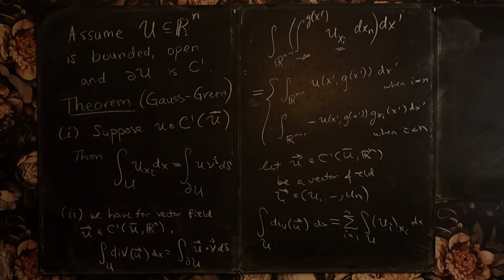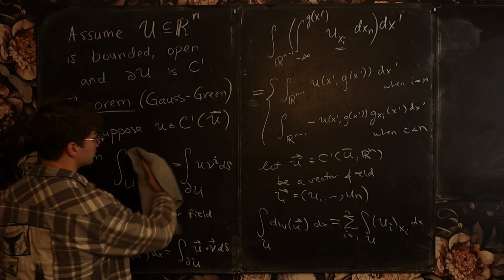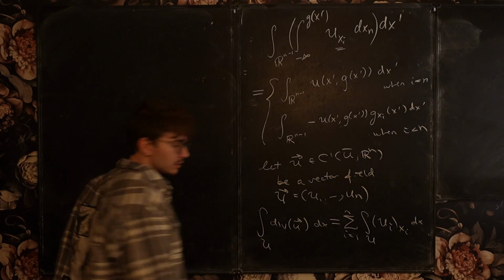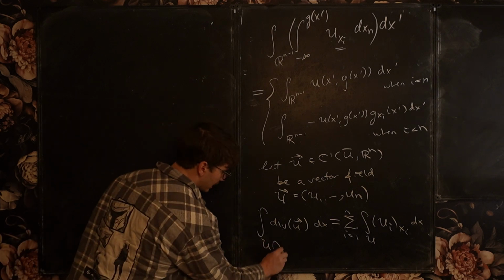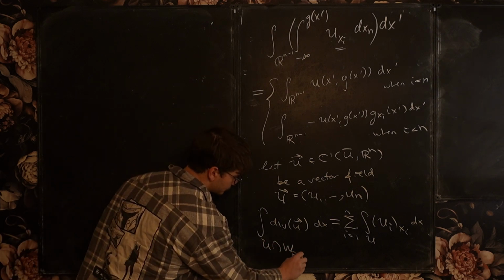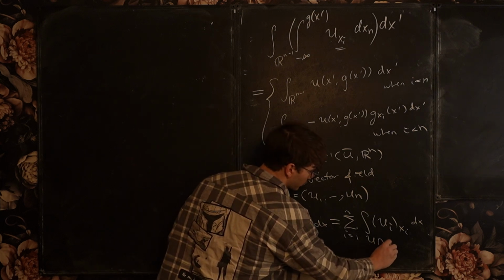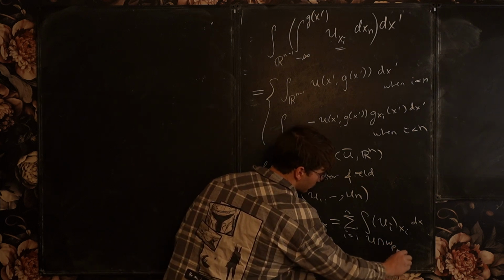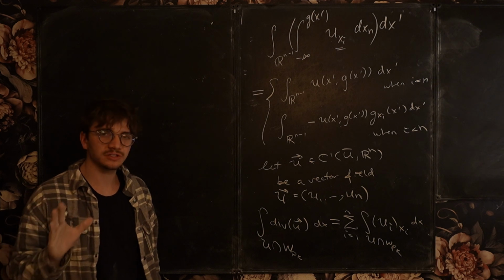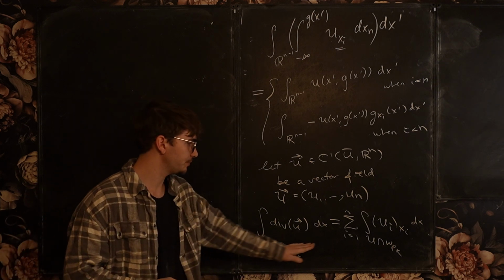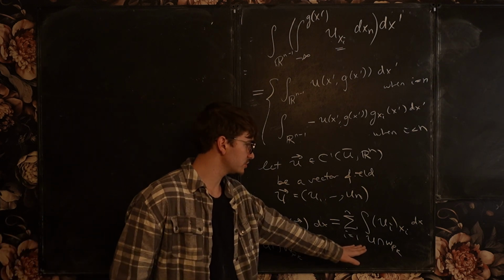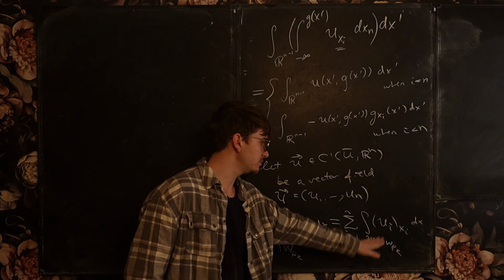And now I feel like I'm free to erase the theorem. Okay, so I should write u intersect W_PK, because remember we're still working under the assumption that our support is in this local neighborhood of the boundary. And now we're going to use this result to evaluate the summation.